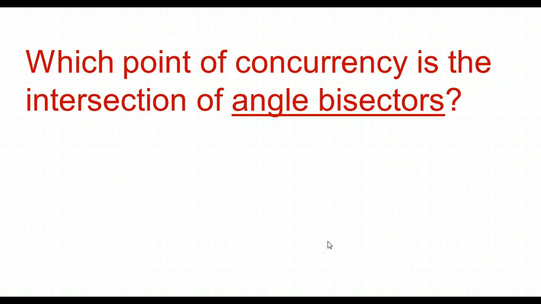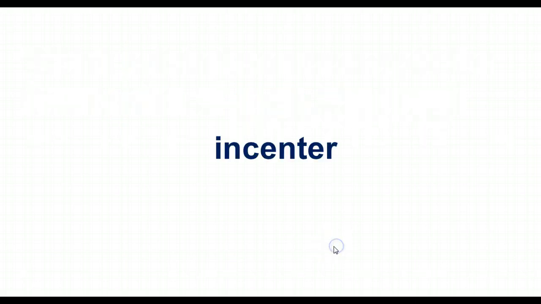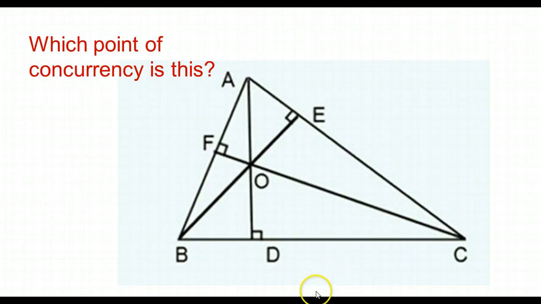Okay, which point of concurrency is the intersection of angle bisectors? That is the incenter. Which point of concurrency is shown here? Well, here's a hint. What are these things?